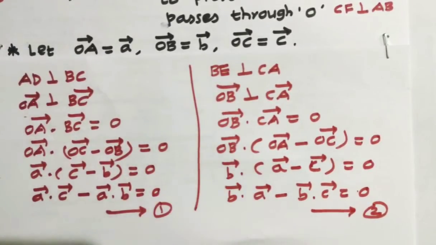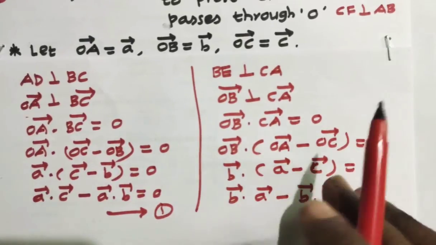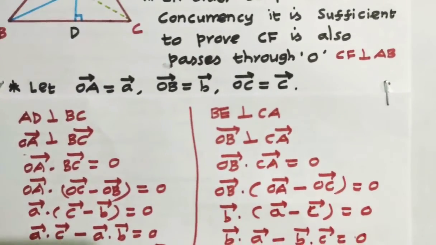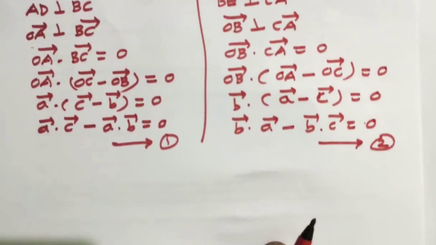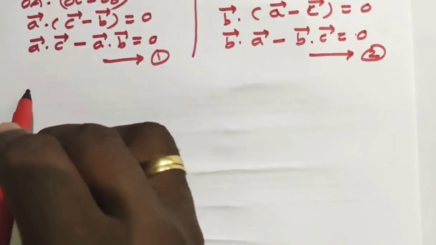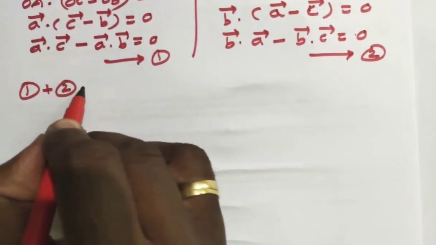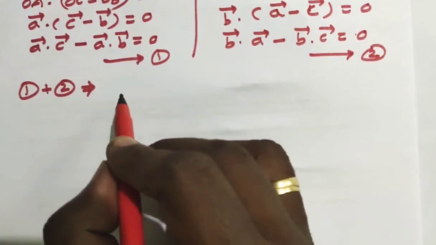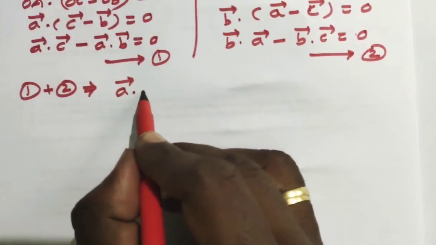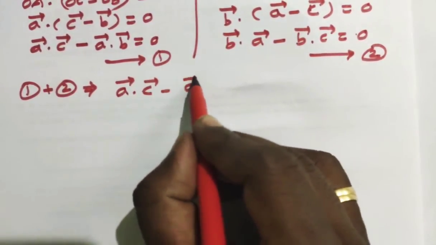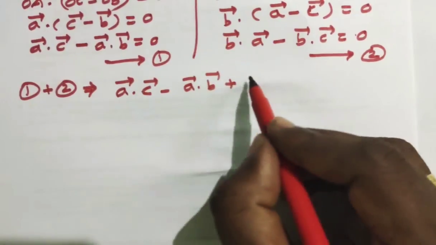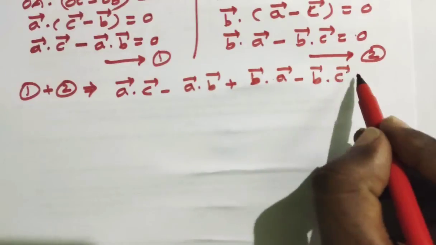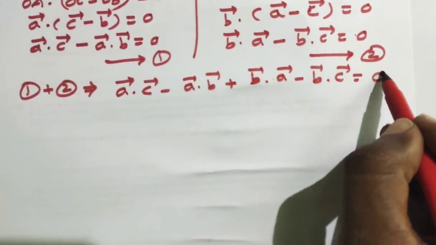So in the end we have to prove vector CF is perpendicular to vector AB, which means CF is perpendicular to AB. So adding equations 1 and 2, 1 plus 2 implies, why are we adding 1 plus 2? Because A dot B and B dot A can be cancelled. So adding the LHS, A dot C minus A dot B plus B dot A minus B dot C is equal to RHS 0 plus 0, which is 0.